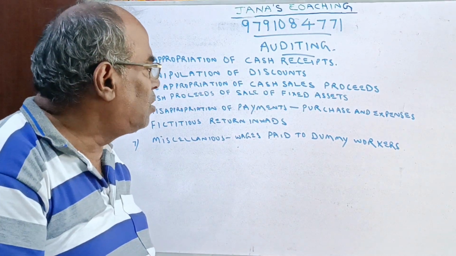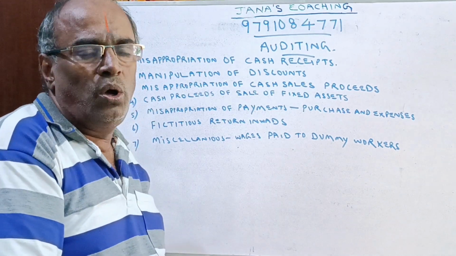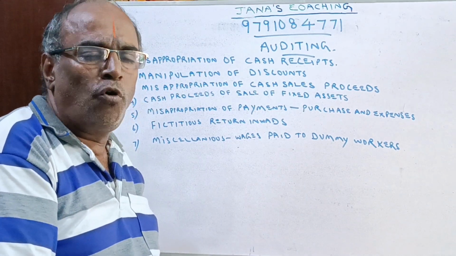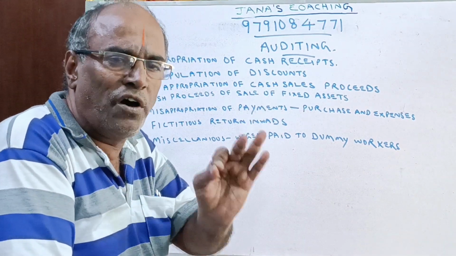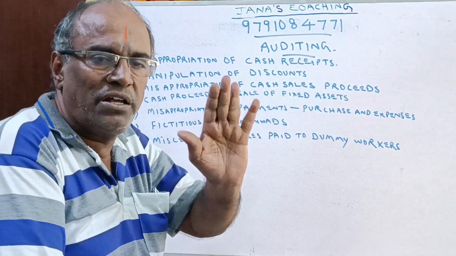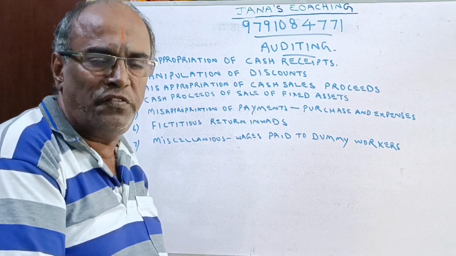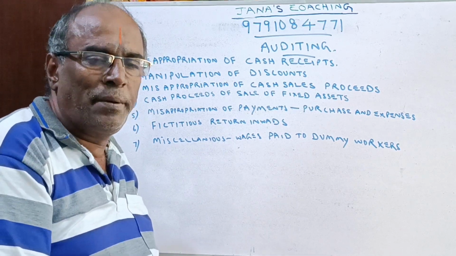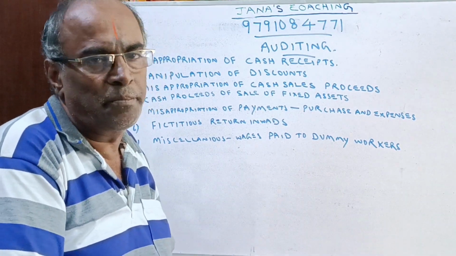Miscellaneous. Wages paid to dummy workers. Actually in the payroll, for example, 430 employees are there. This is the actual number. So on a monthly or weekly basis, the company is giving the amount as wages or salaries accordingly.